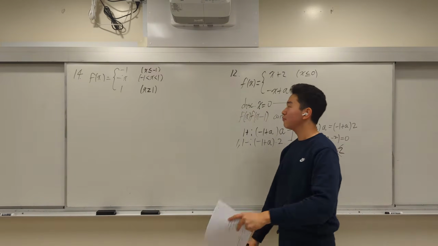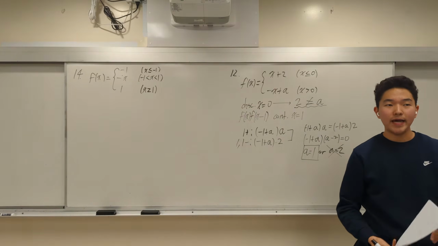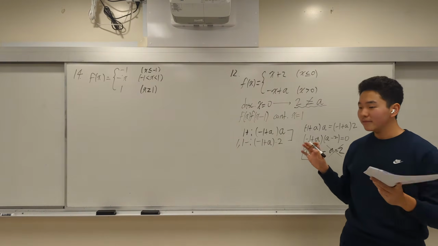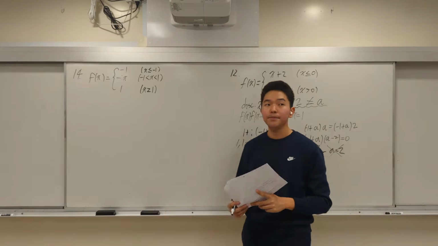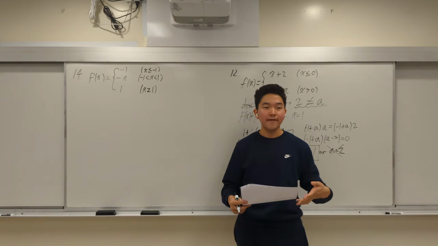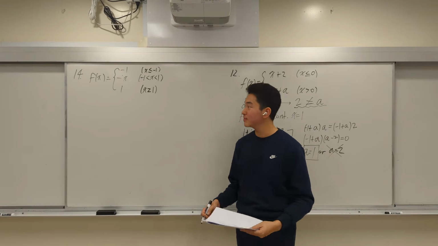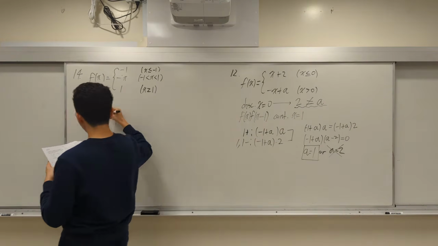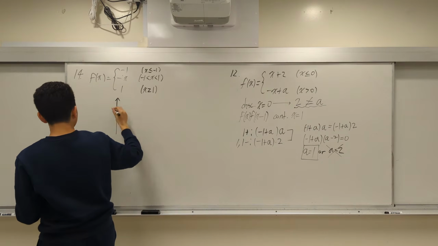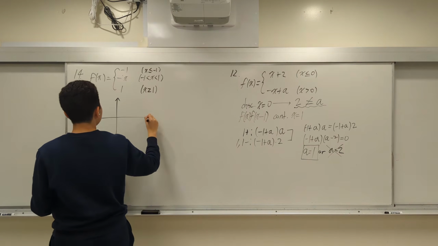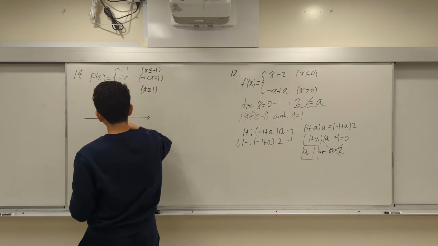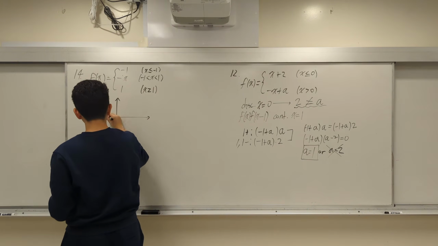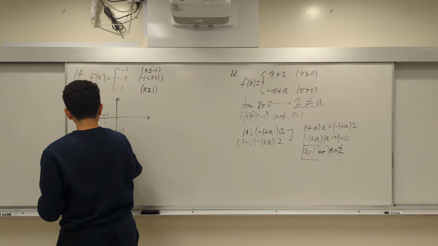Now, I'm really a fan of visual reasoning, and trying to imagine and sketch what's going on might really help you, especially when you're solving some more complex questions. But even in simple cases like this one, we can quickly sketch it, right? So it's negative 1 until negative 1. So we go negative 1 comma negative 1. And it's like that, right?